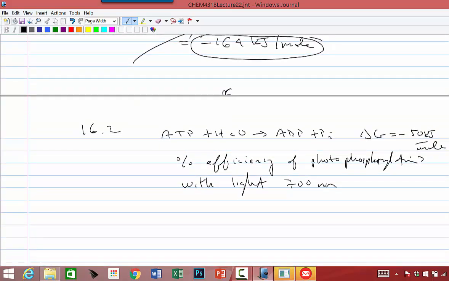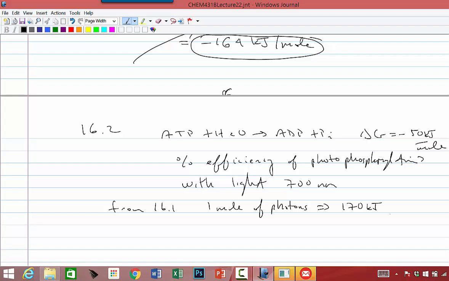So we already figured out from problem 16.1 that 1 mole of photons is going to give us 170 kilojoules of energy.